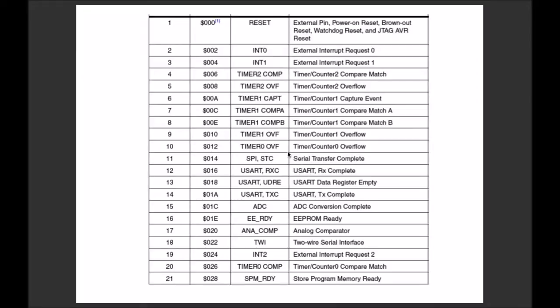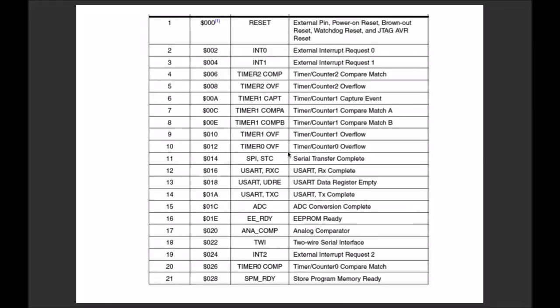This is the table where you can see the priority of all these interrupts. If two interrupts occur or get enabled at the same time, the interrupt which is higher in this table will run first, and once the first interrupt finishes, only then will the second or third interrupt run. So in total there are 21 interrupts.